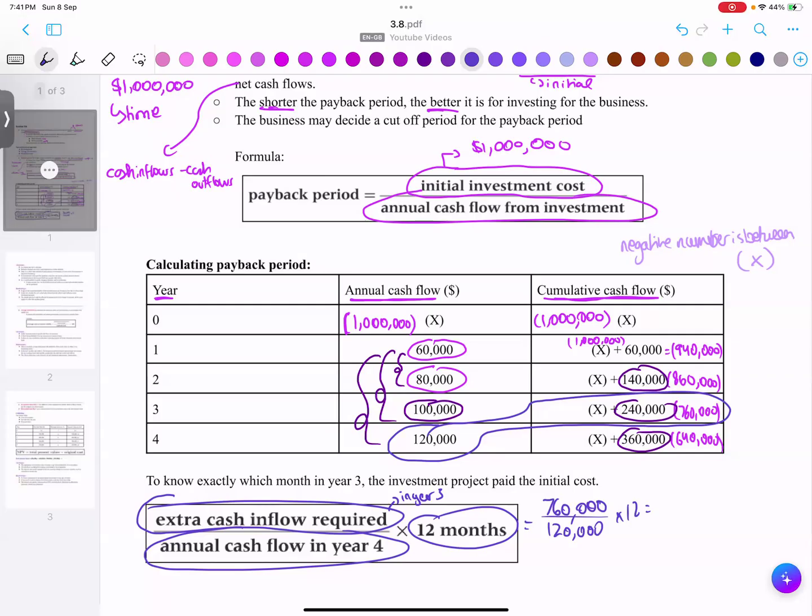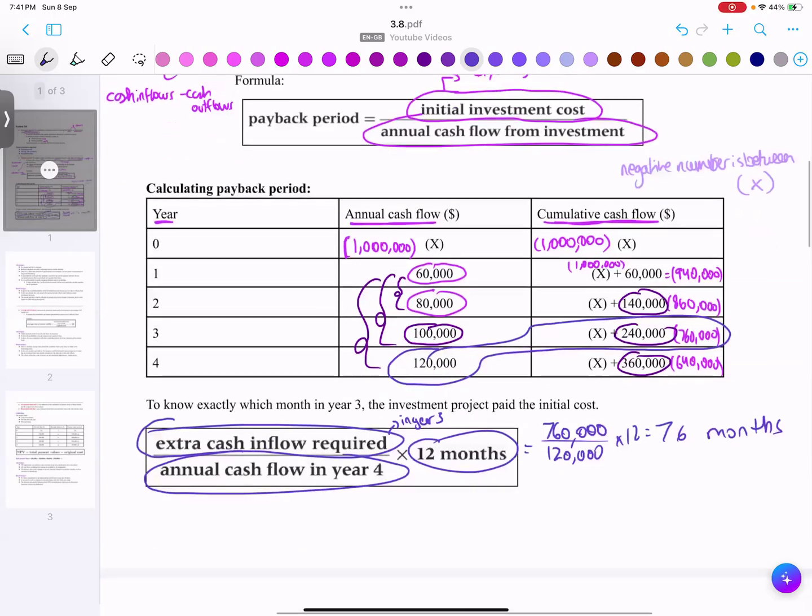I'm just going to do it in the calculator so you can really get it. In the calculator, times 12. In this case, because the example is quite wrong, you get 76 months. Okay, this is false.